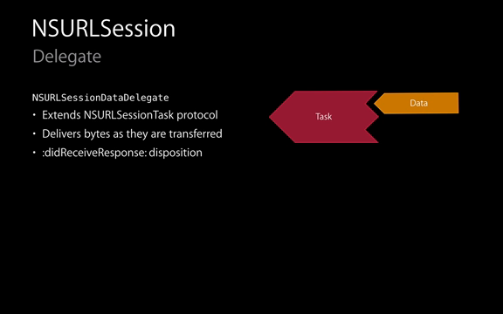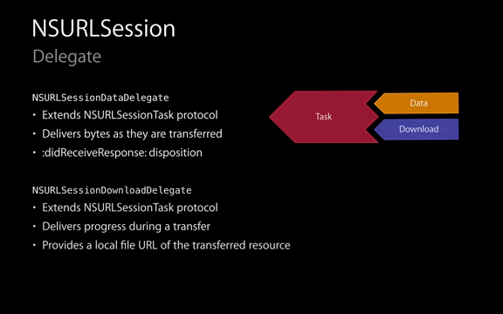And that's probably true with a lot of APIs that are producing data today. Behind the scenes, we're trying to stitch things together to keep things discontiguous in memory, which is a big performance win. Finally, the download delegate extends the task delegate. It doesn't receive the bytes, it receives notification of the bytes. And in the end, it receives a delegate message that says, here is the file location for the data that we just transferred.